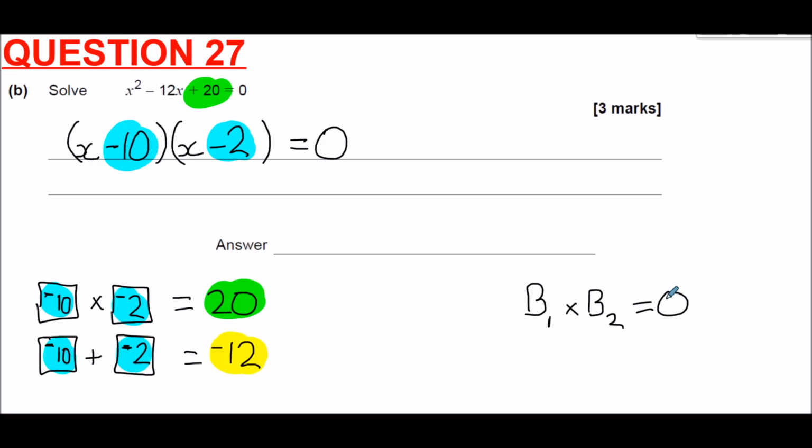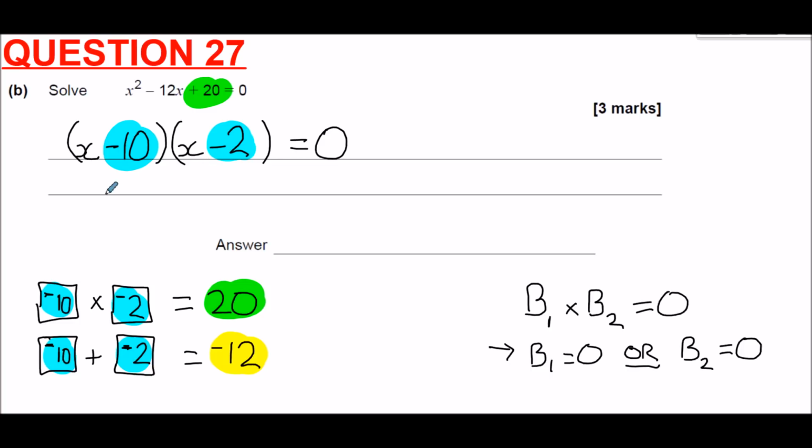If you multiply two things together and the answer's 0, you should know for definite that either the first thing has got to be 0 or the second thing has got to be 0. So because we're multiplying these brackets together and the answer needs to be 0, at least one of these brackets has to be 0.